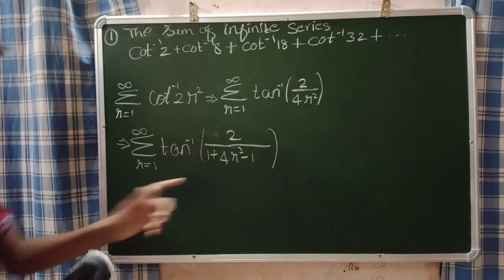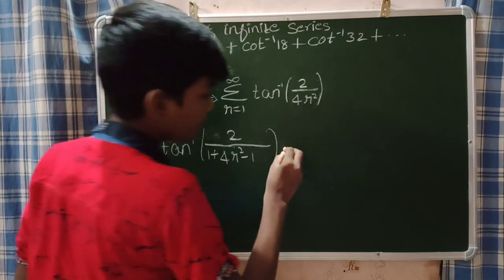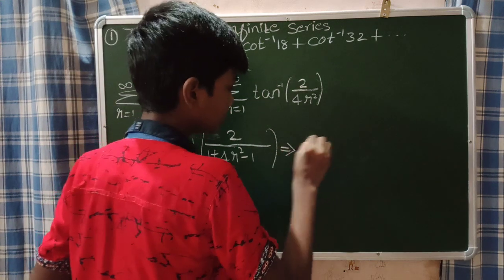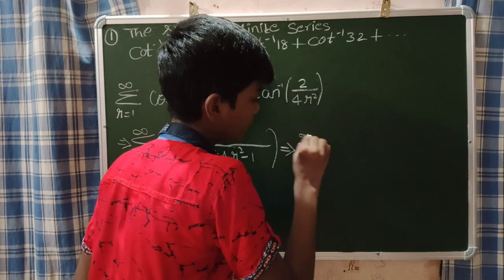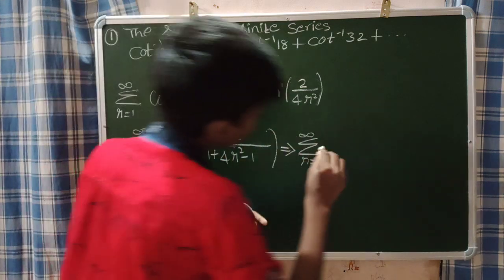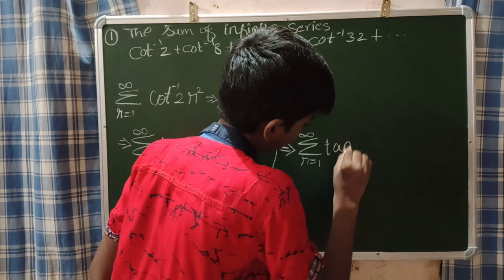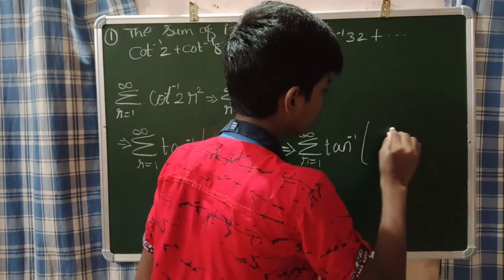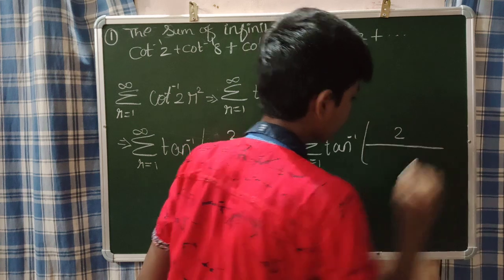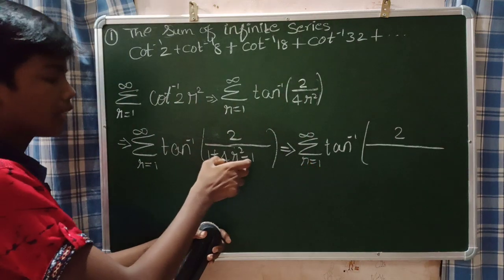Now guys, I can write the summation from r equal to 1 to infinity of tan inverse of 2 divided by 1 plus 4r square minus 1.